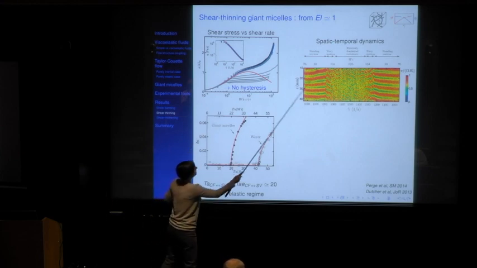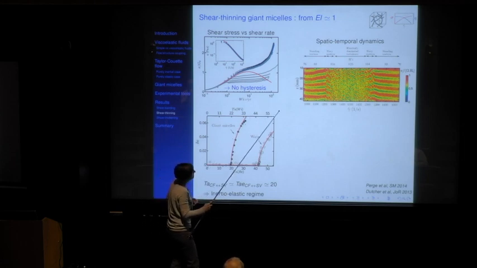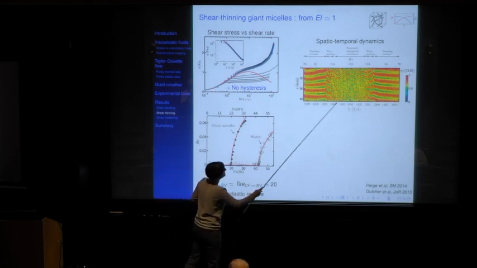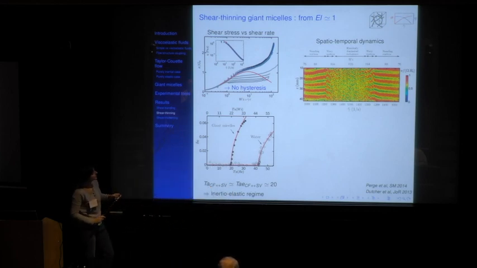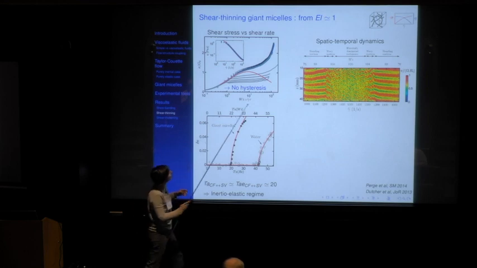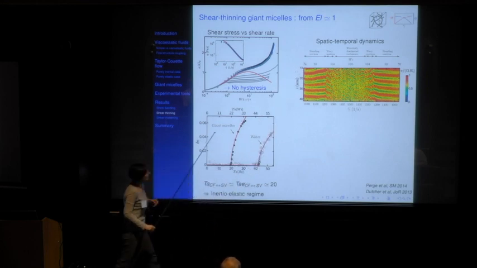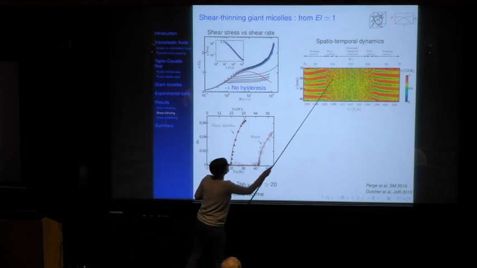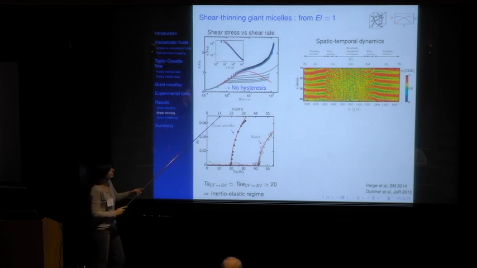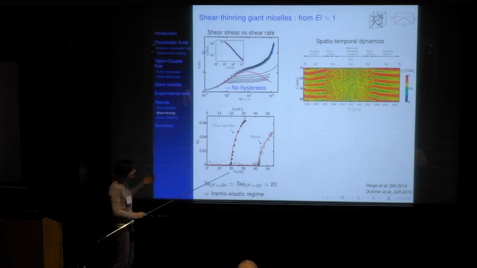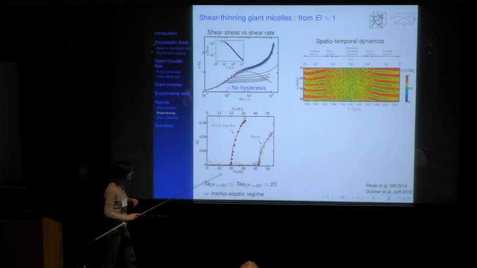If we follow the flow pattern using this kind of protocol, we observe the same pattern by increasing and decreasing the shear rate. In that case, we have a transition from the base Couette flow to standing vortices for Weissenberg around 76, and then we have the disordered flow state here. If we compute the elastic Taylor number and the inertial Taylor number at the first transition here, we observe that they have the same value.